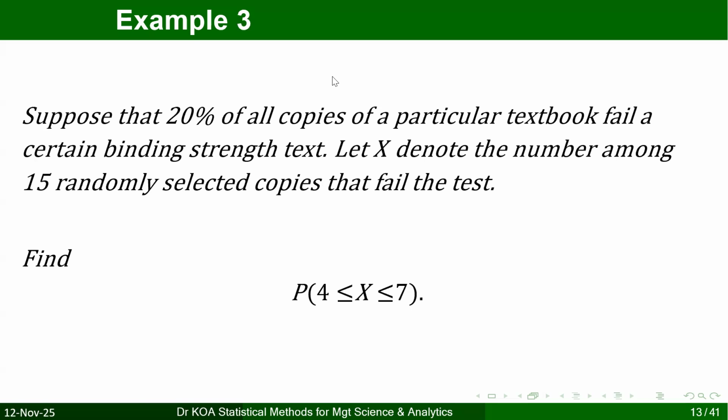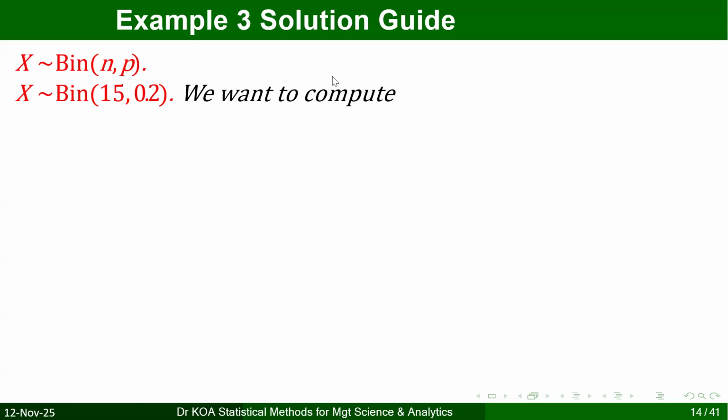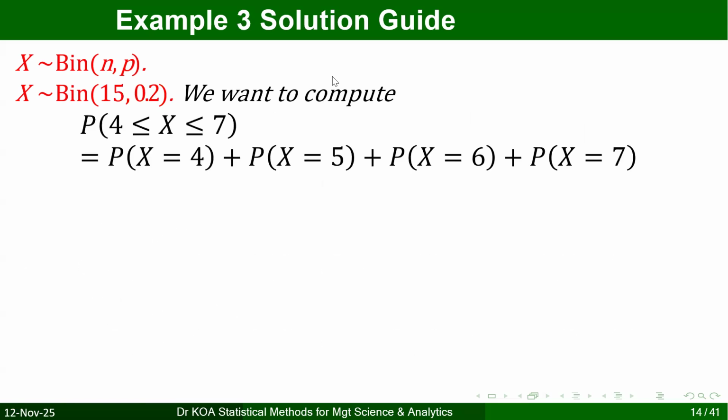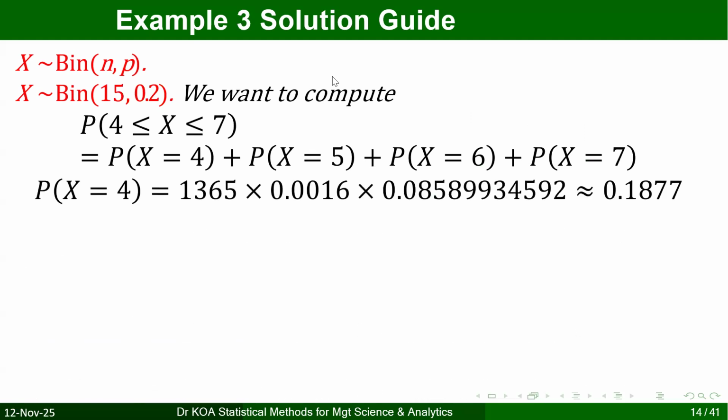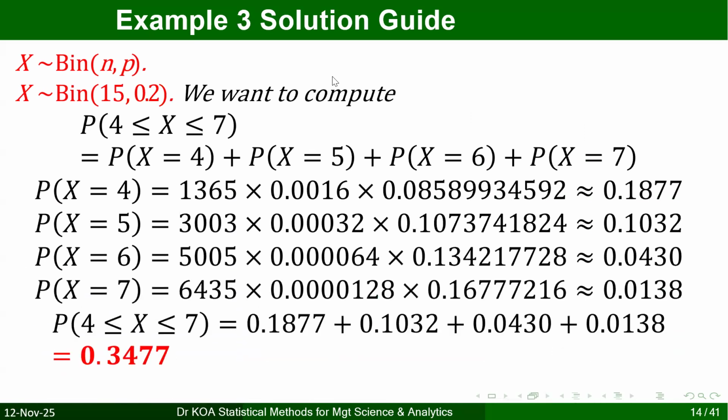This is where you will compile all of them. Binomially distributed with the sample size and the probability of success. You compute that is between 4 and 7. So you compute for 4, for 5, for 6, for 7, add them together, and that is going to give you 34.77%. So this one is good.